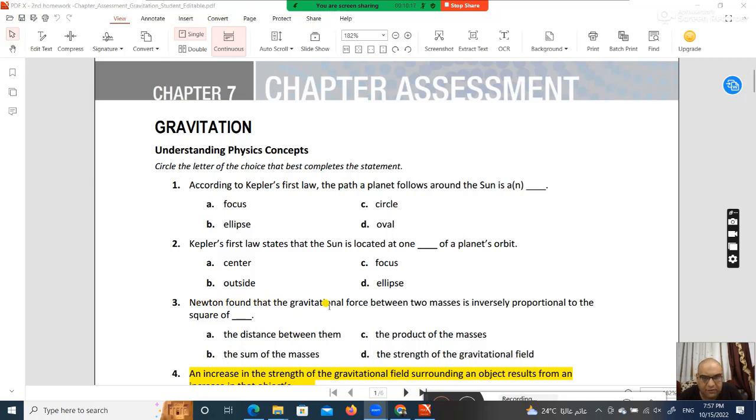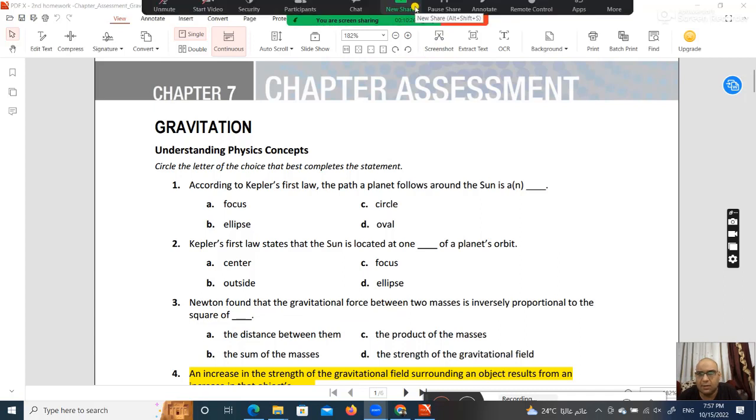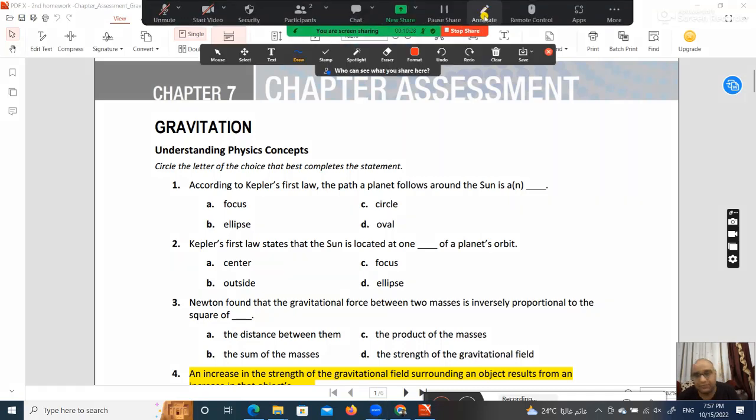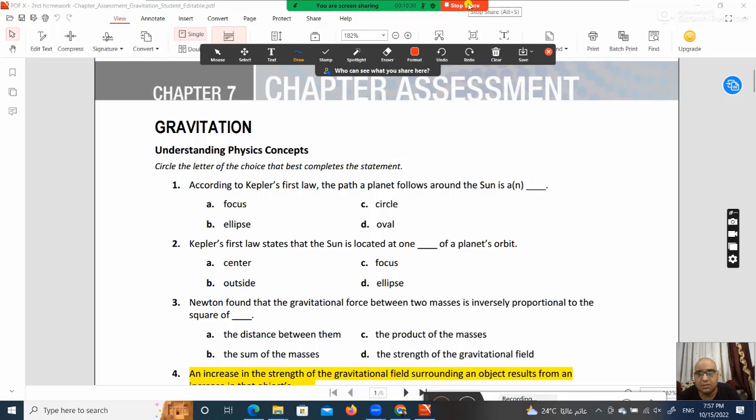Newton found that the gravitational force between two masses is inversely proportional to the square of... Here we have to write, and you have to also learn how to find the relation through the law itself.